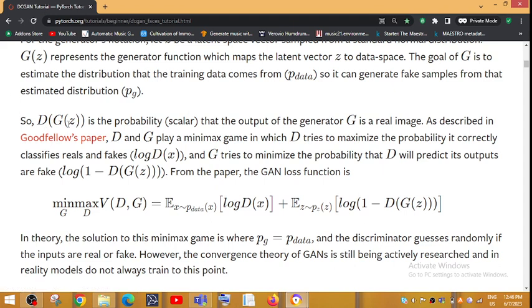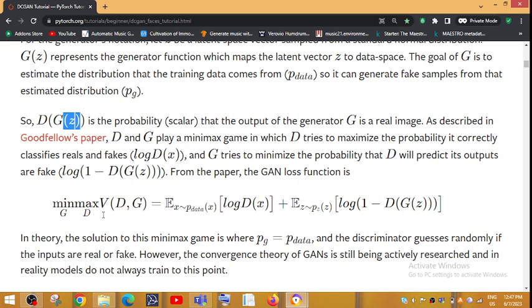So D(G(z)) means we apply the D function on the output of the generator, which gives the probability that the output of the generator is the real image.